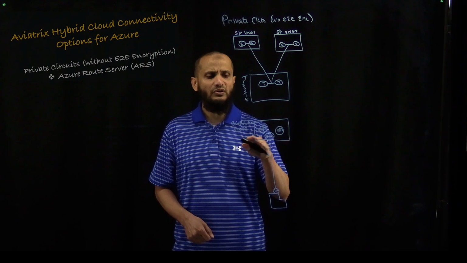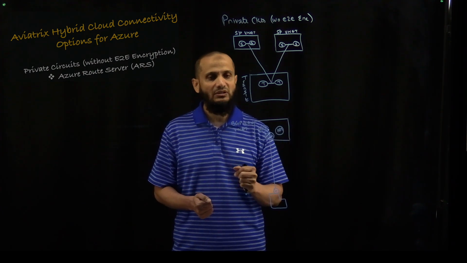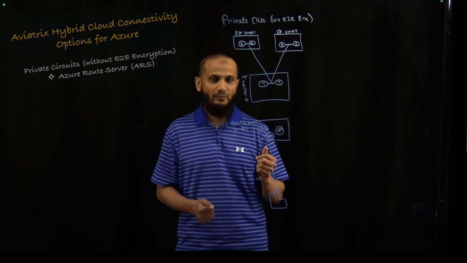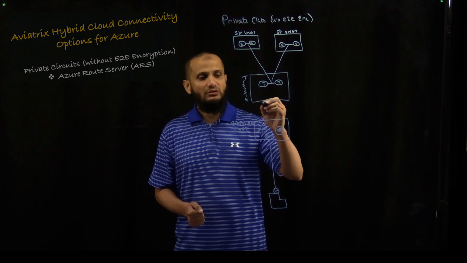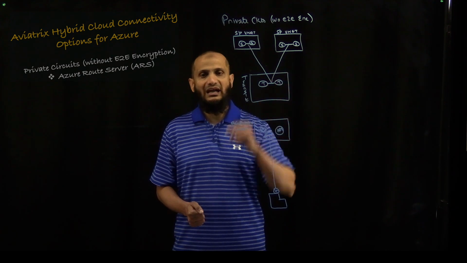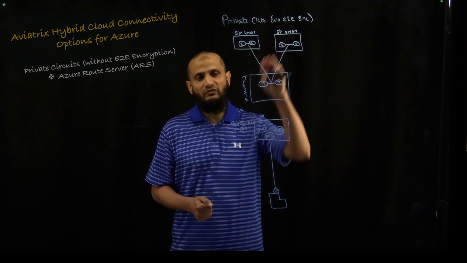And in order for the ER gateway and ARS to exchange routes, we need to make sure to enable the branch-to-branch knob over there. Okay, now we want to make sure the routes which we are advertising from on-prem over to the Azure environment get all the way to the spoke VNets.